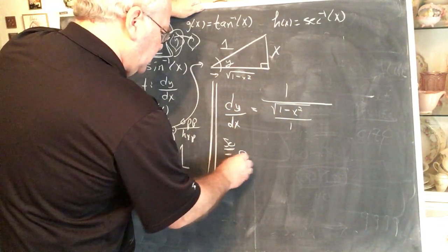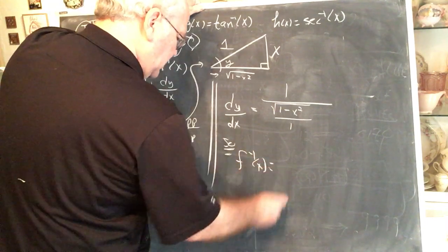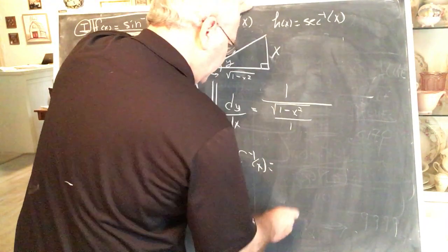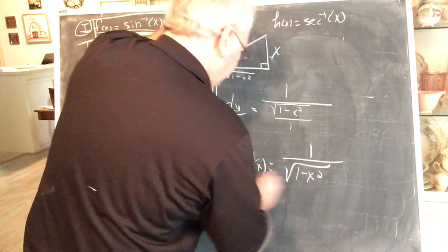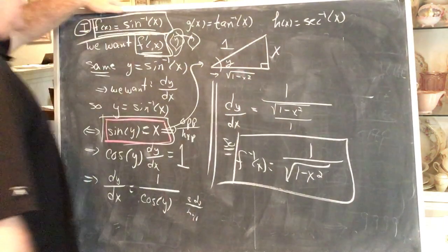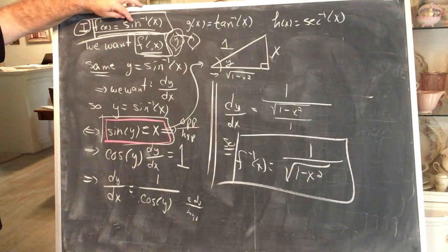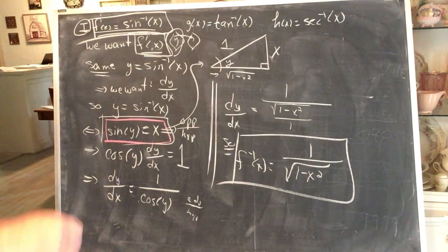So this is our result. F prime of x is given by 1 over the square root of 1 minus x squared. The derivative of sine inverse of x is 1 over the square root of 1 minus x squared.